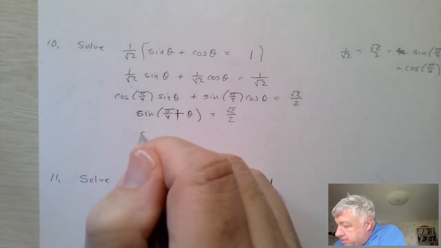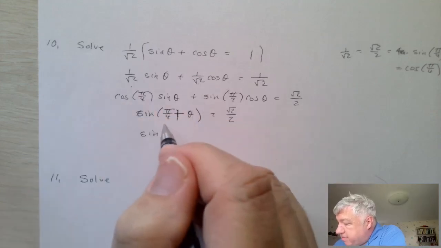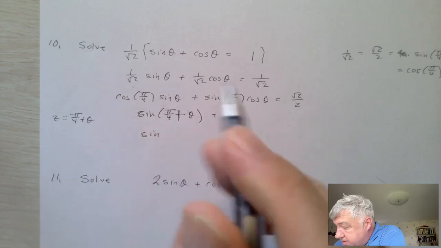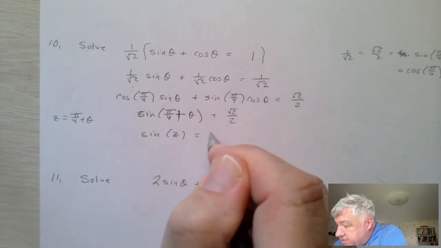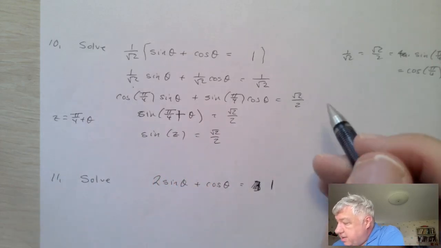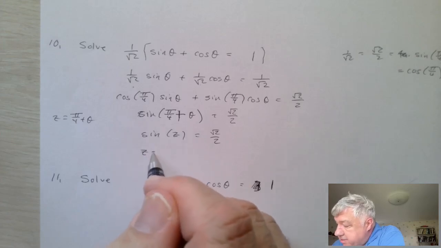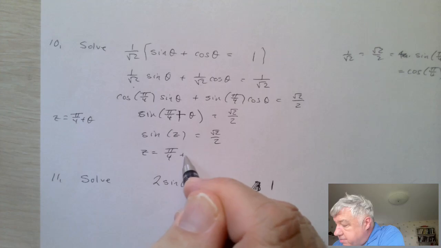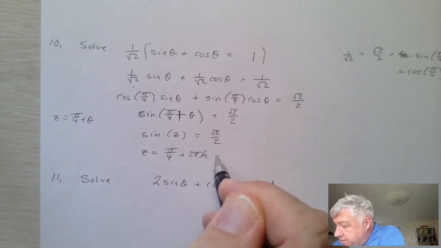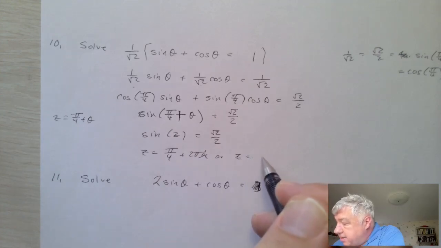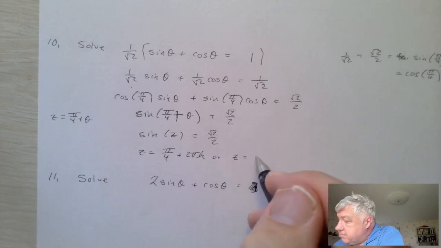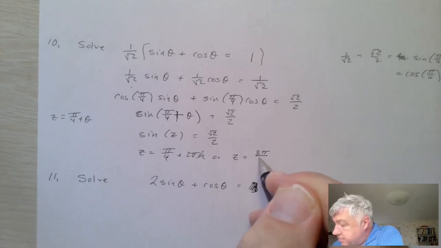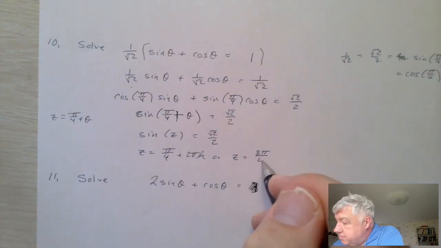Let's give this a name: let z be pi over 4 plus theta, and we get the sine of z is square root 2 over 2, and that means that z has to be either pi over 4 plus 2 pi k, or z is 3 pi over 4 plus 2 pi k.